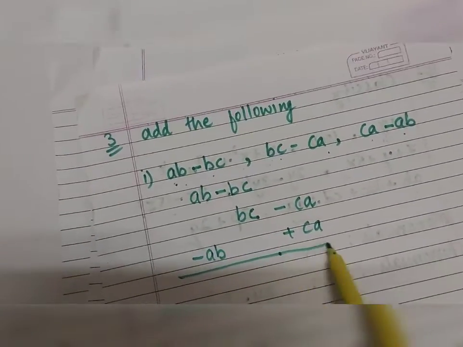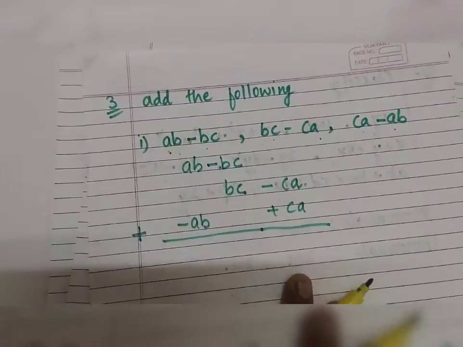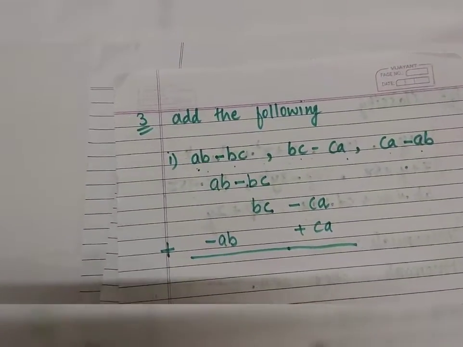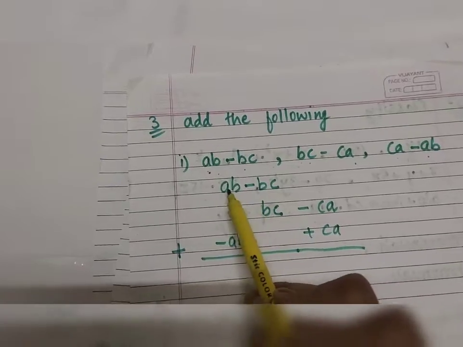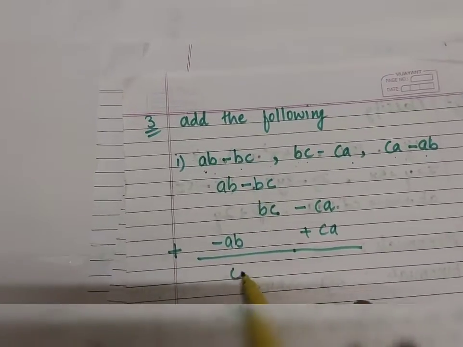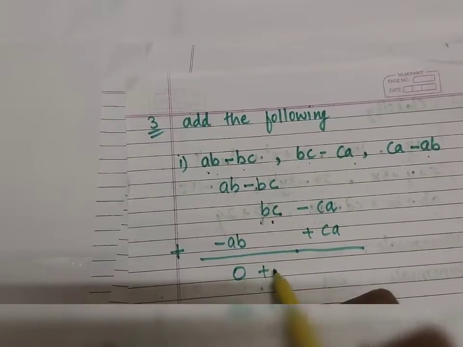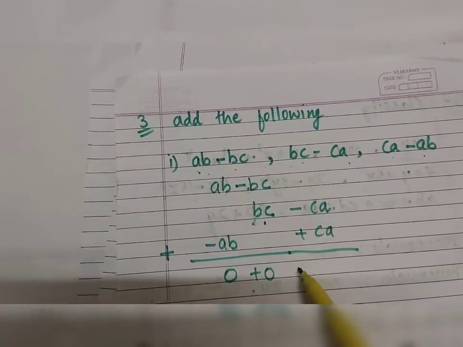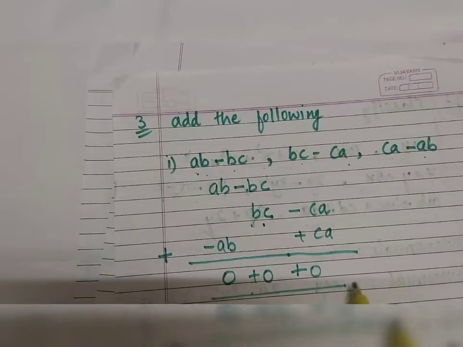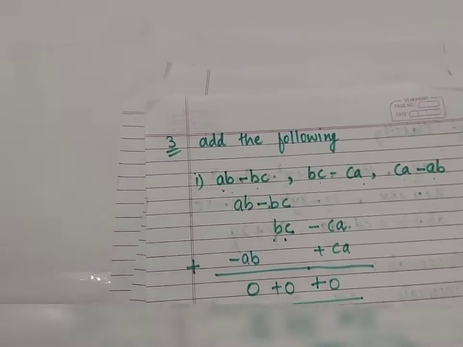Okay, no need to change the sign because we are going to add all of these expressions. Plus of AB and minus of AB will give you 0. Minus of BC and plus of BC will give you 0. Minus of CA plus of CA will give you 0. So the whole answer of this expression is 0.